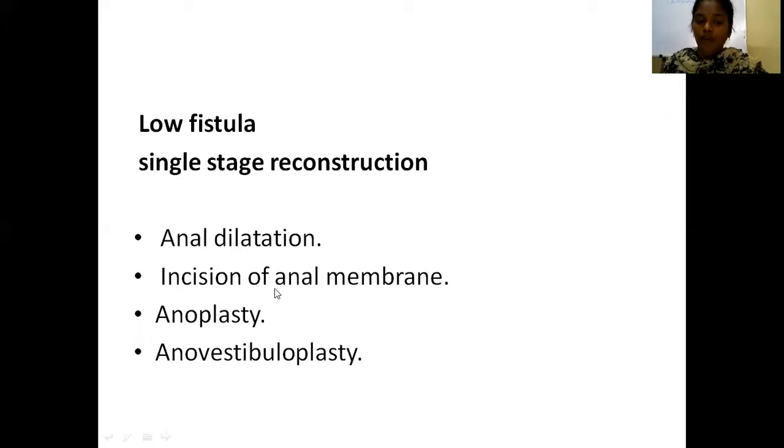If there is an anteriorly shifted anus or anal agenesis, you go for anoplasty. And if there is an associated defect in the vestibule, you go for anovestibuloplasty.